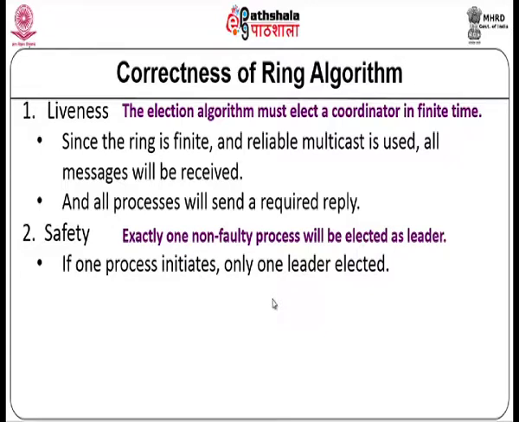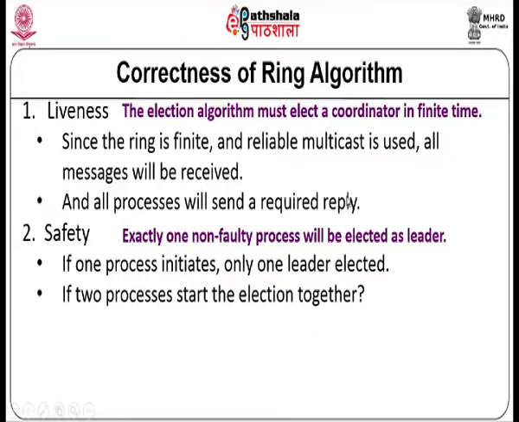Maybe we want to select the least loaded process. The mechanism has to be such that the value should be unique. If that criteria is unique, then obviously in the whole system there can be only one such node, and therefore safety is guaranteed.